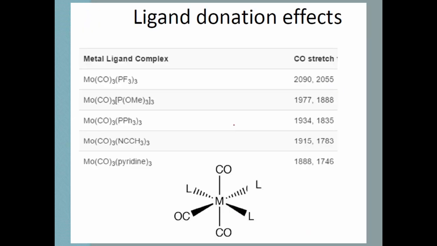So the ligand donation effect is also there. You can see the examples, molybdenum complexes. Here you are substituting with PF3, P(OMe)3, PPh3, and NCS3 in pyridine, and there is a reduction from 2090, 1977, down to 1934, 1855.